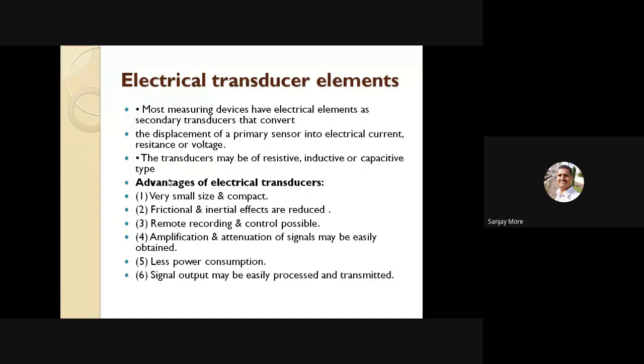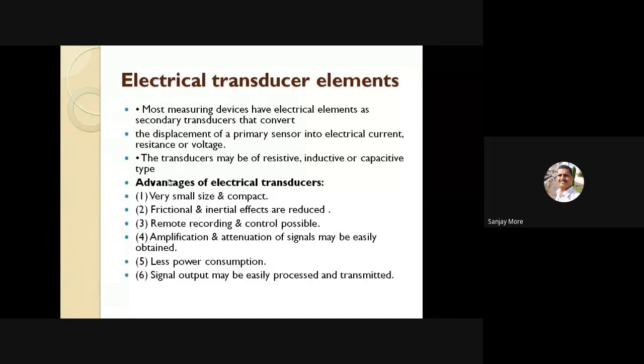So, the advantages over the mechanical transducers: the electrical transducer is very small in size and compact. Then frictional and inertial effects are reduced. Then remote recording and control are possible.